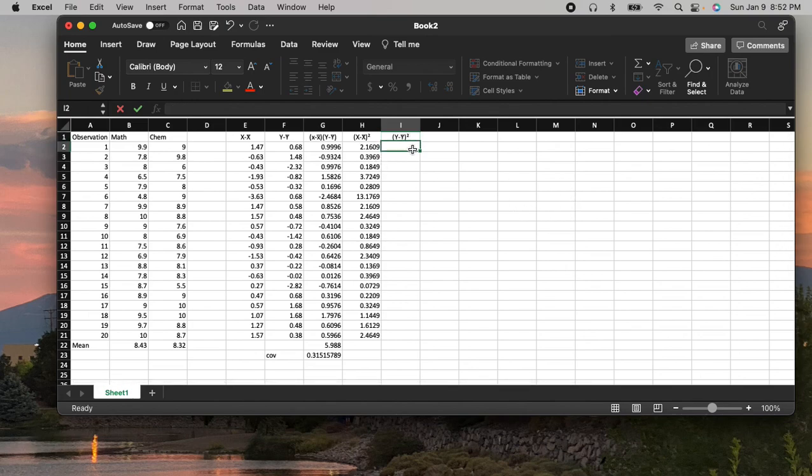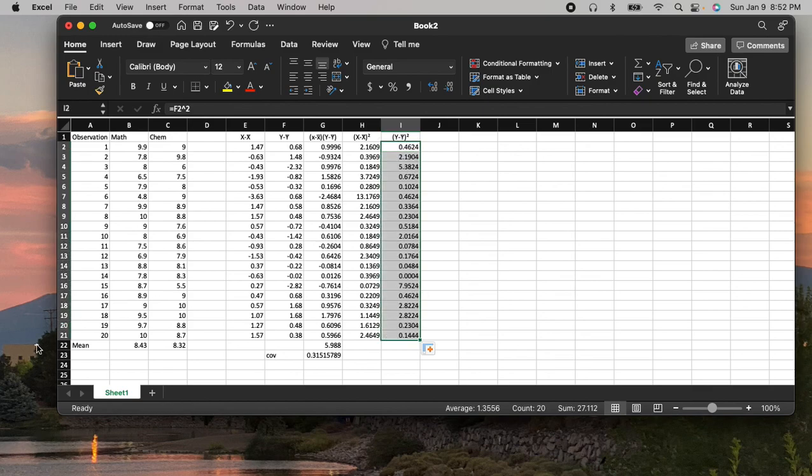Again, this is going to be simple. This equals, here is my y minus y bar, and then I just need to elevate that to the second power. And that is my data. Then I just pull this down here and I got that.